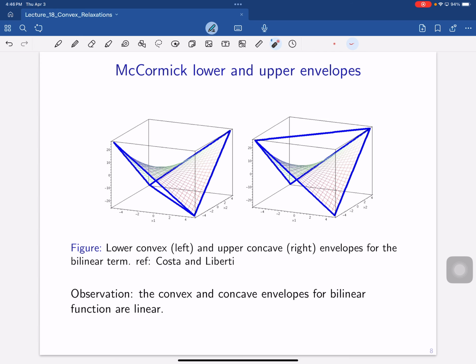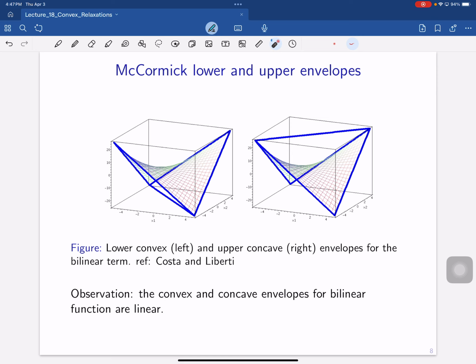So the convex envelope is two linear functions, and similarly, the concave envelope is also two linear functions. Okay. And you can plot that to see why this is the case. So the observation here is that the convex and concave envelopes for bilinear functions are linear, just from this geometric intuition.